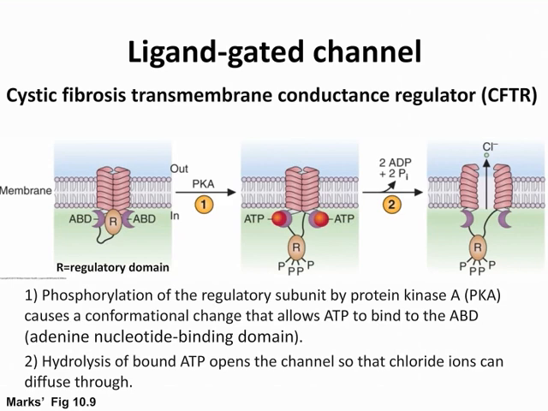As soon as the PKA phosphorylates the regulatory domain, so in that second picture you see all the P's representing phosphate binding to the regulatory domain, it allows a conformational change to occur that allows ATP to bind to the ABD binding sites. As soon as that happens, it will open that gated channel, and now your chloride ions can diffuse through.